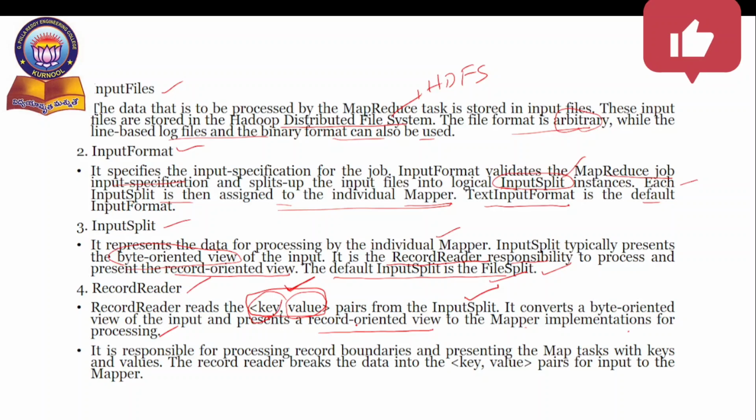Now it is responsible for processing the record boundaries and presenting the map task with keys and its values. So the record reader breaks the data into key comma value pairs for input to the mapper. This is where the mapper gets these key comma value pairs as an input to process.